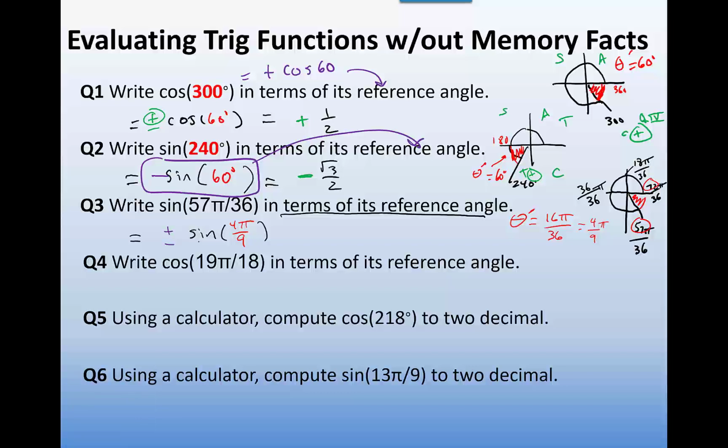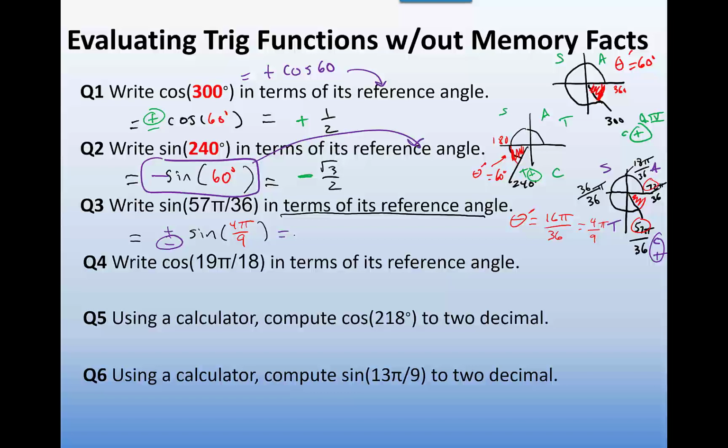Okay, so let's decide about the positive and negative right now. We are in quadrant 4, a smart trig class. Cosine is positive in quadrant 4, but not the sine. So I'm picking the negative sine.